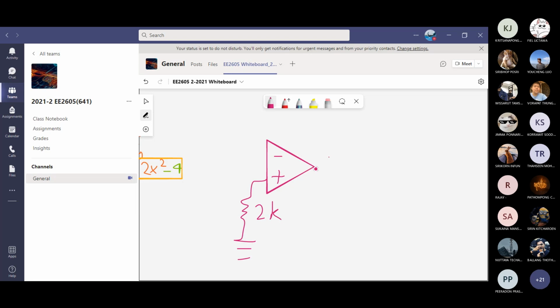And then let me create an input resistor. I will have a voltage source, plus, minus, let's put 8 volts.